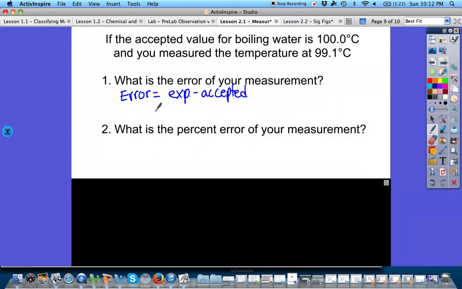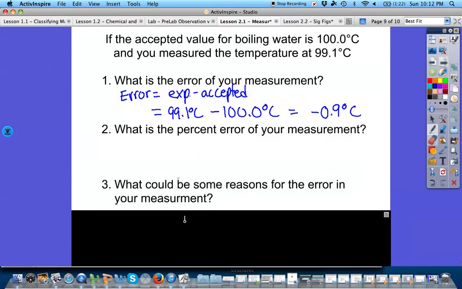So we measured it to be 99.1 degrees Celsius. The accepted value is 100.0 degrees Celsius. So that gives us a difference of negative 0.9 degrees Celsius.